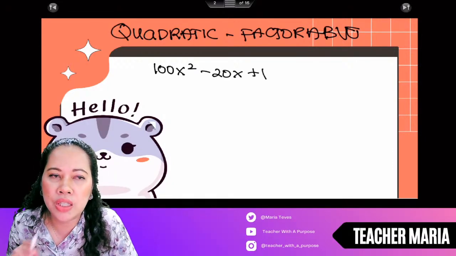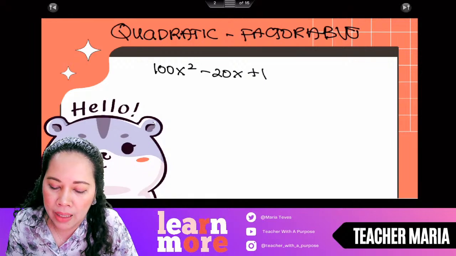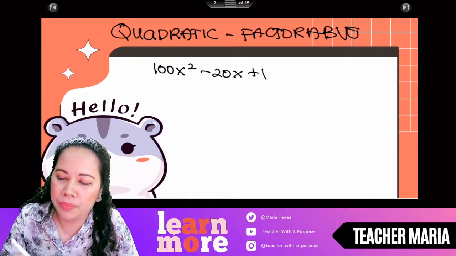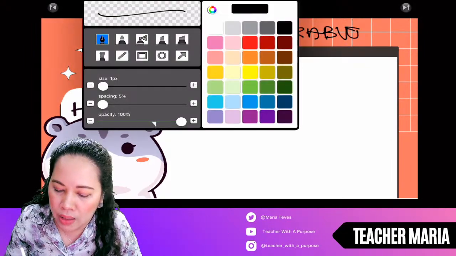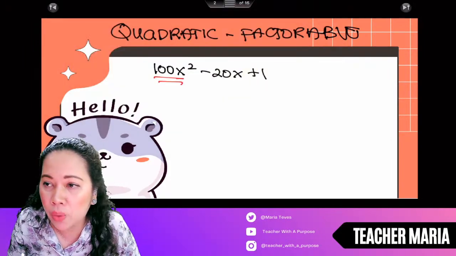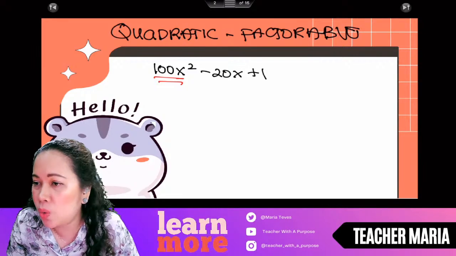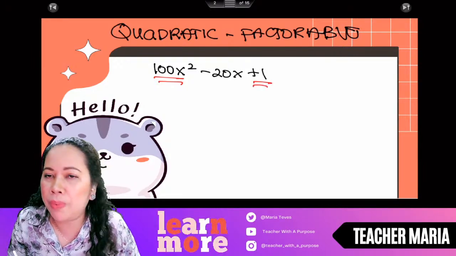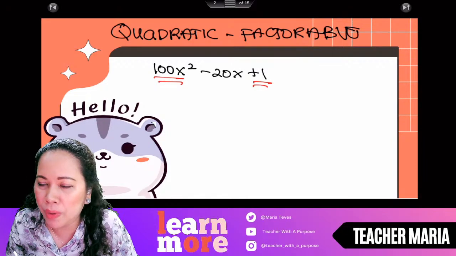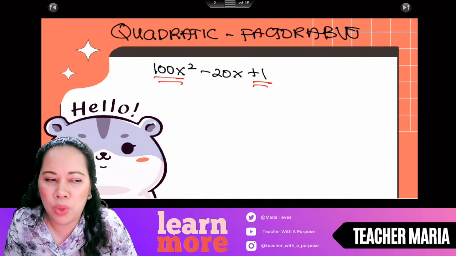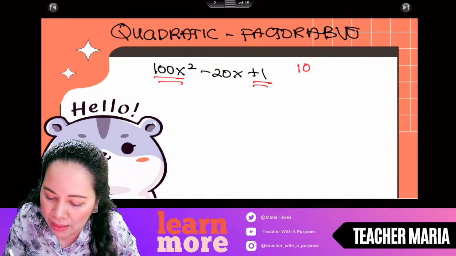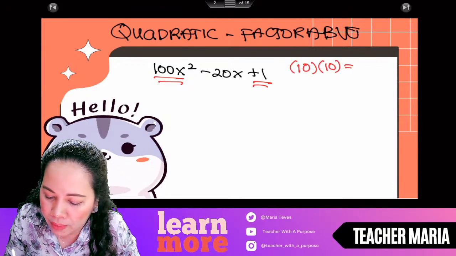Okay? So you just need to check, is the first term a perfect square? Yes, it's a perfect square. Is the last term a perfect square? Yes, it is a perfect square. So you have to find the root of 100, which is 10 times 10. That's 100.